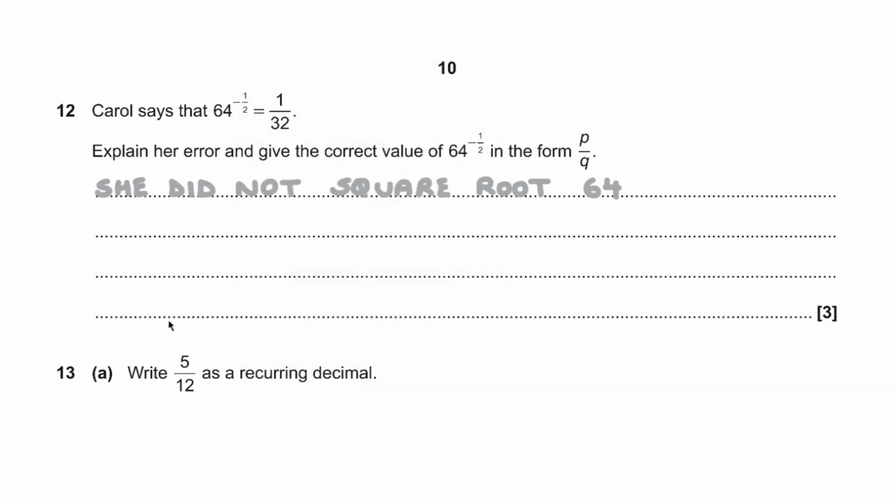So what we are supposed to do instead, to work out what 64 to the negative 1/2 is, that's equal to 1 over 64 to the 1/2. So square rooting 64, that's an 8, so we end up with 1 over 8.